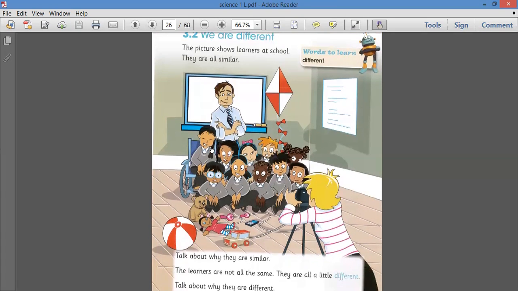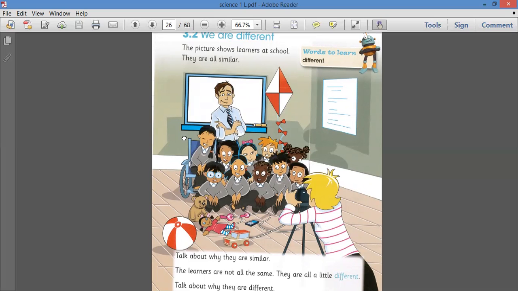Like they all are of the same age, they are in the same class, they have the same teacher, they all are happy to take a picture, they all are sitting and smiling for the photographer. Understood? These are the similarities we discussed in our last lecture in detail.